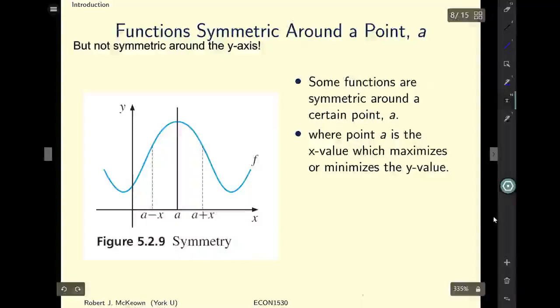It's going to be symmetric around a certain point A. And so we've got A here. Point A is also the x value which maximizes or minimizes the y value.